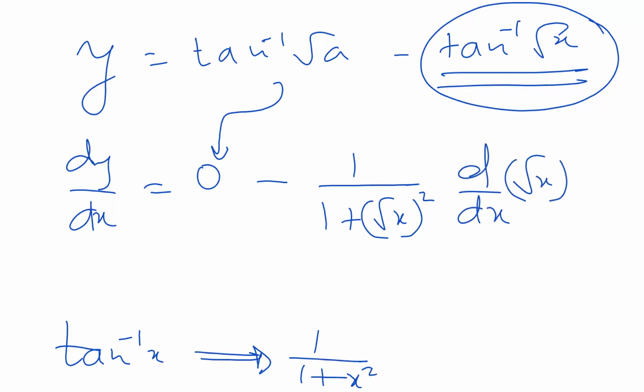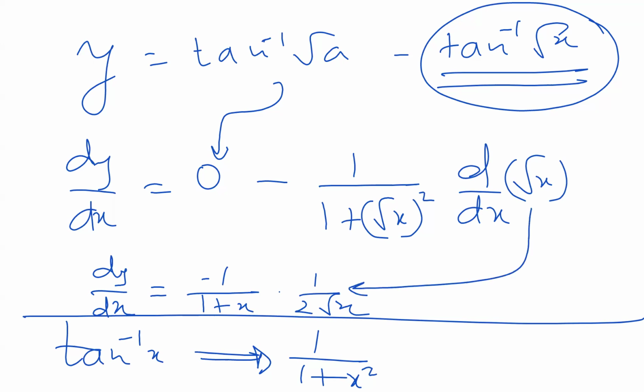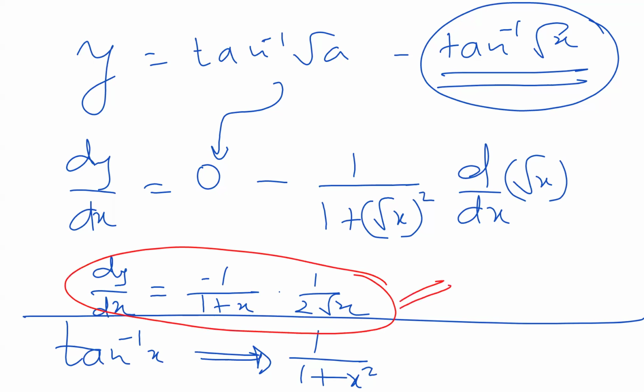So dy by dx equals minus 1 upon 1 plus x, root x square is x, and this is 1 upon 2 root x, the derivative of root x. So this becomes your final answer, right? This is your final answer. Now let us go to question number 23.